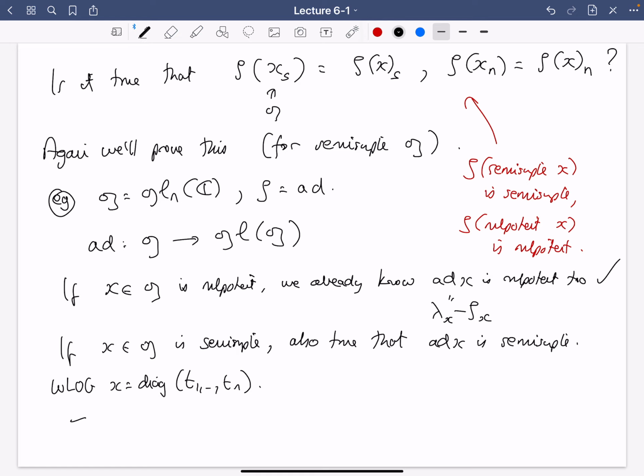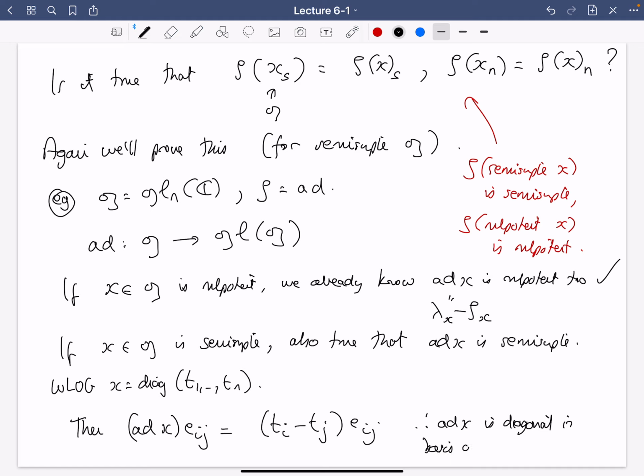And then the way ad X acts on the IJ matrix unit, this is a super important calculation. It acts as the scalar Ti minus Tj on the matrix unit. Therefore, ad X is diagonal in the basis of matrix units.